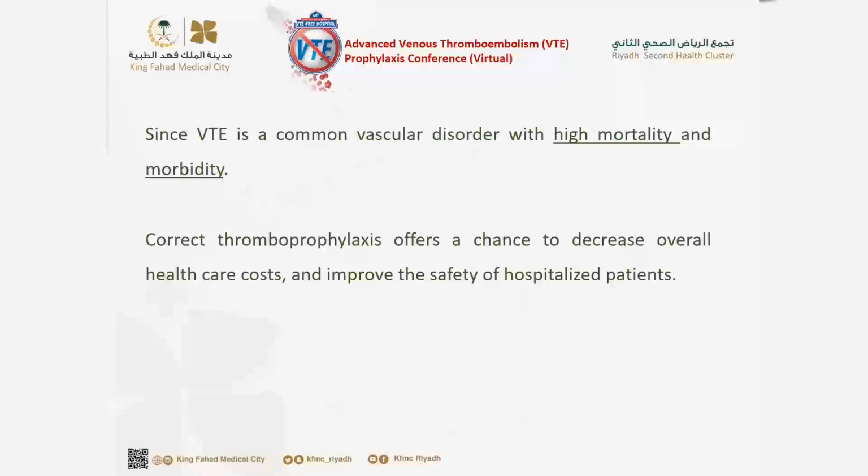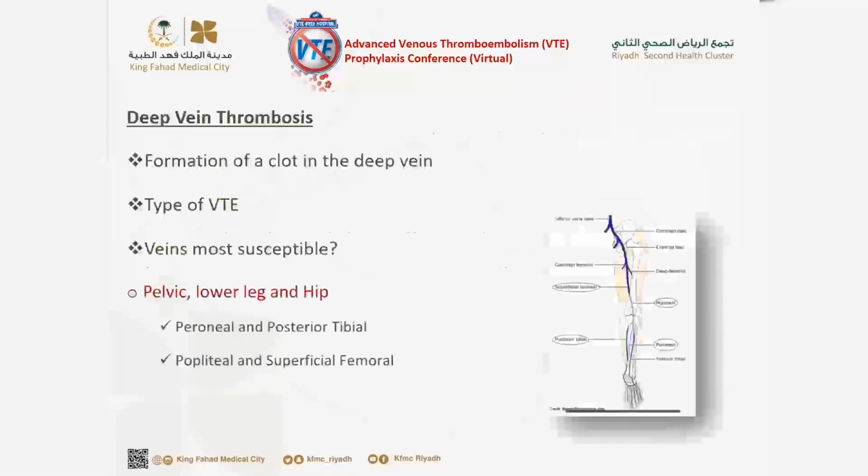Since VTE is a common vascular disorder with high mortality and morbidity, correct thromboprophylaxis offers a chance to decrease the overall healthcare costs and improve the safety of hospitalized patients. And this is where we come in as the patient advocate, as nurses.